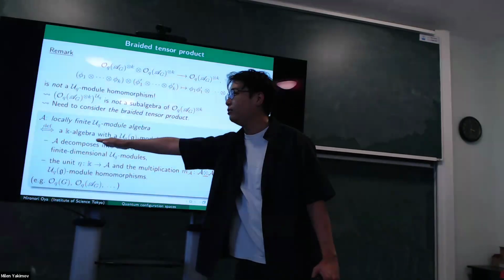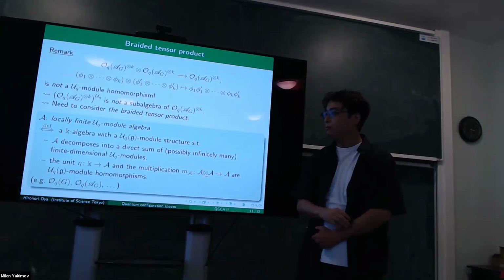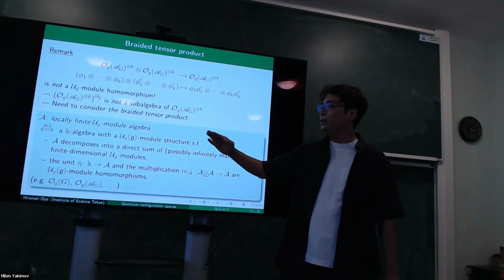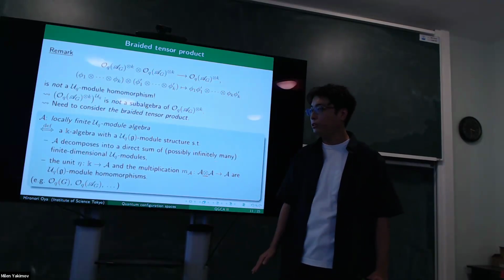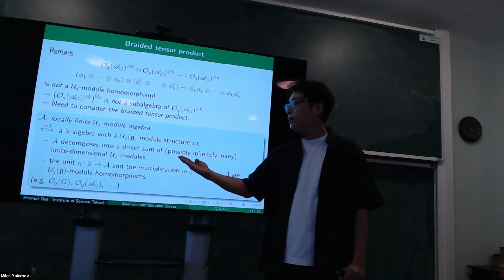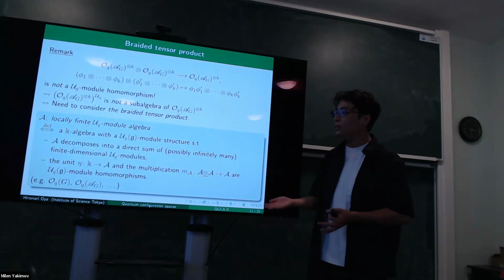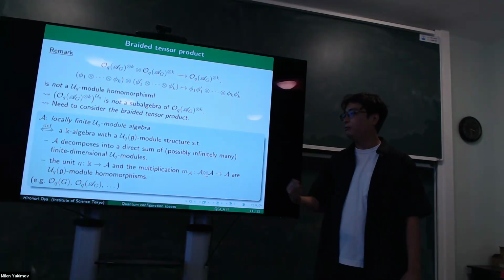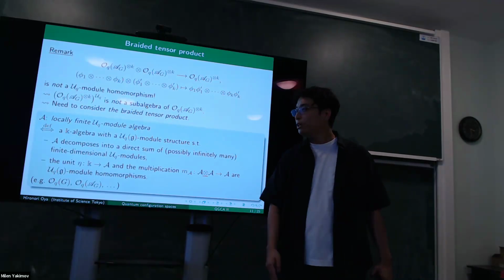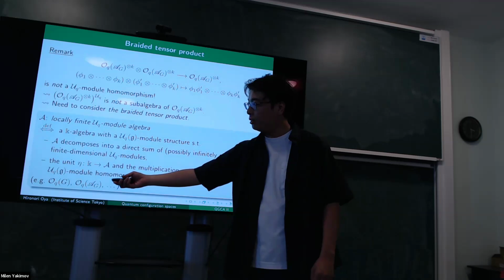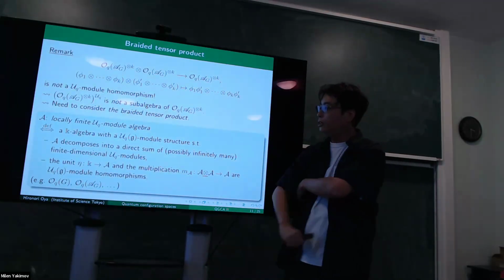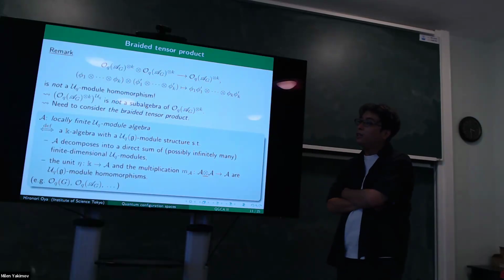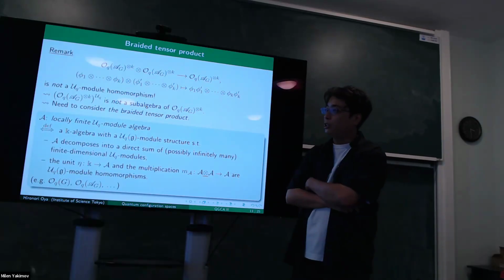This is a K algebra with a UQ action, and as a UQ module, it decomposes into the direct sum of finite dimensional UQ modules. The unit and multiplication are compatible with the UQ action; I mean, the unit and multiplication are UQ module homomorphisms. For example, the quantized coordinate ring of G or of AG is an example of a UQ module algebra.